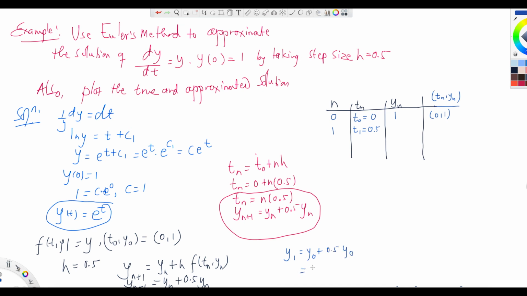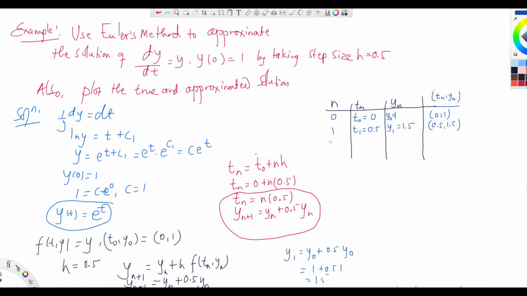So what is y0? It is 1, so y1 is 1 plus 0.5 times 1, that will be 1.5, right? So the point is (0.5, 1.5). This is what you get.